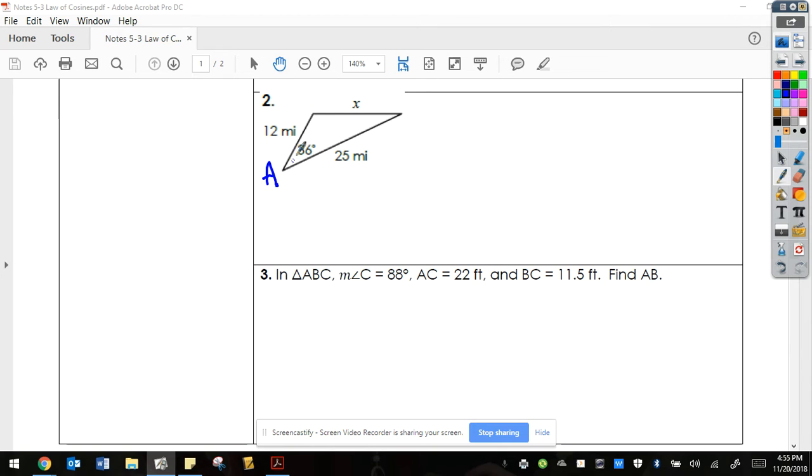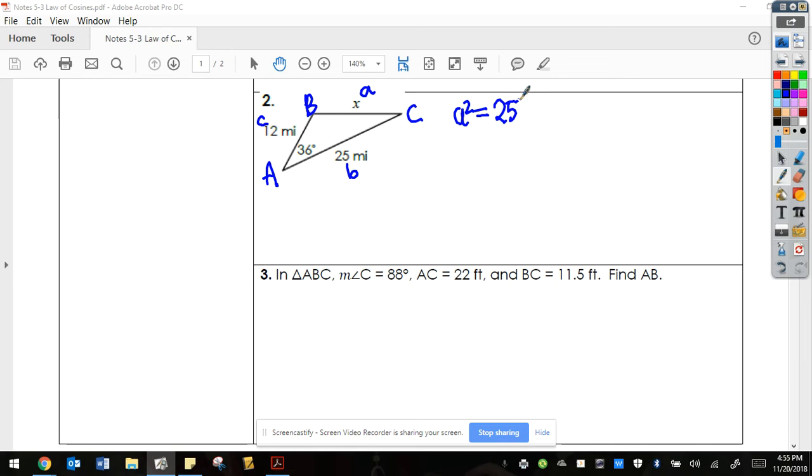Let's try number 2. So again, I'm going to label this A, B, C. So across from A would be little a, across from capital B would be little b, and across from big C would be little c. So if we're looking for a, we're going to plug in a squared equals, then we have b squared.